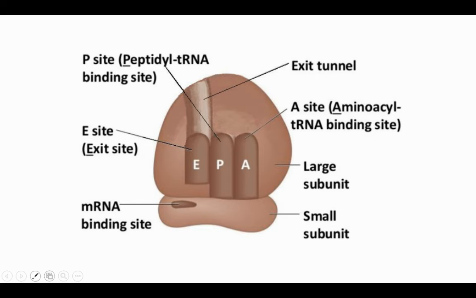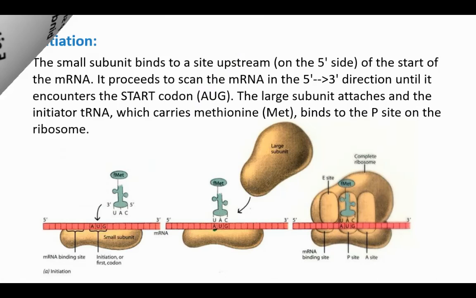So, let's start. The first thing that happens during the initiation of your protein synthesis, dadaan si small ribosomal unit sa mRNA dyan. Hahanapin niya si start codon. Okay? Hanapin si start codon and it's usually AUG.